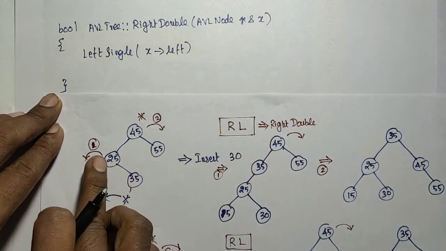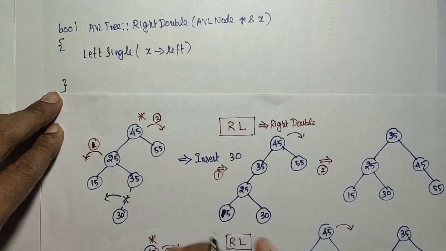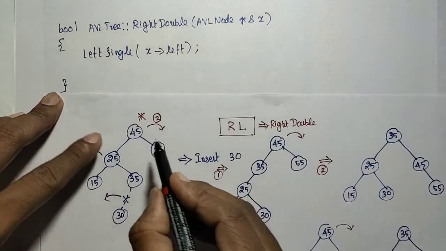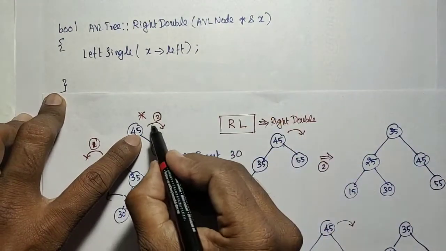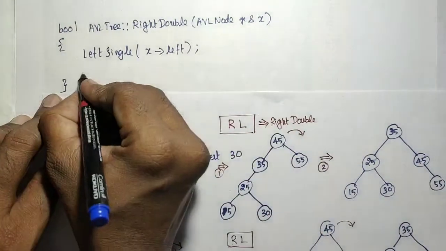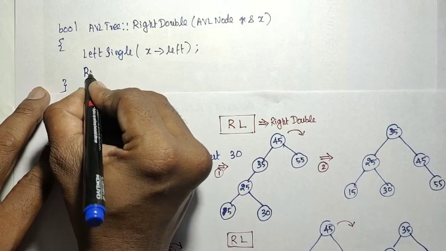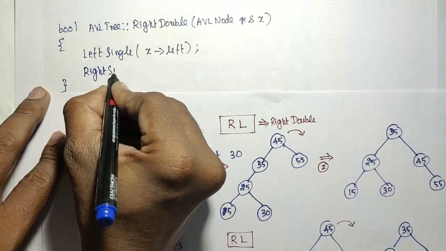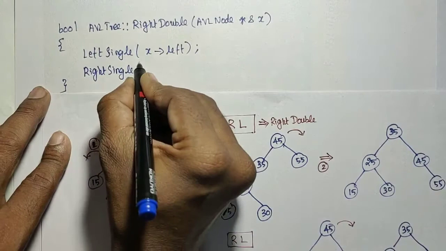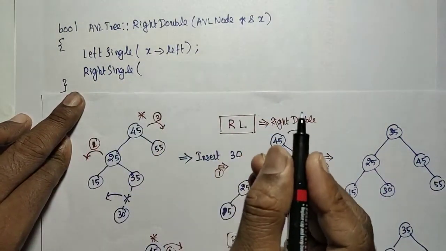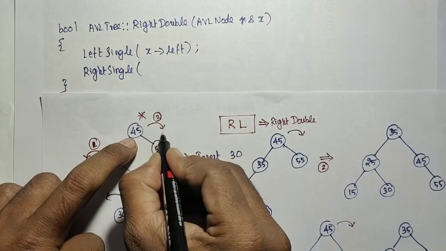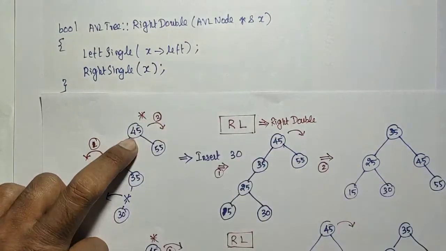So the left will be rotated on the left side, single. After that we need to rotate the main x on the right side. So right single, right side you have to rotate a single time. Which node has to be rotated? That x. So I have to call that x. That's all.